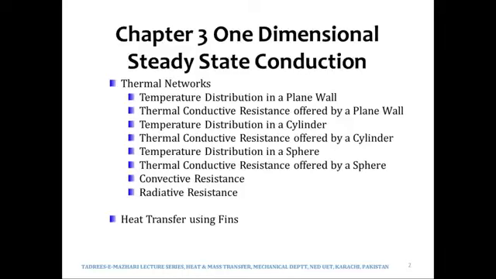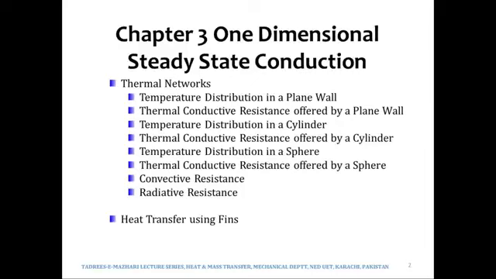In the case of a plane wall, we would be finding an expression relating temperature with x. Similarly, in the case of a cylinder, we would be developing a temperature distribution, meaning T as a function of r, and similarly in the case of a sphere, we would be developing an expression of temperature in terms of radius.